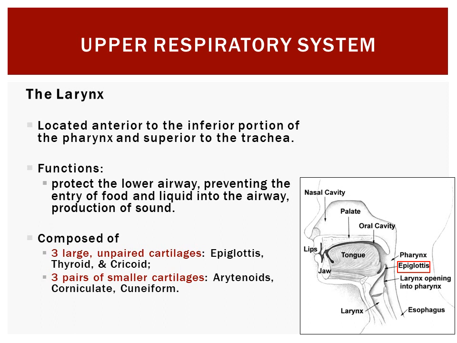So the larynx is composed of several cartilages. They can be divided into three large unpaired cartilages, which are the epiglottis, thyroid, and cricoid. And there are also three pairs of smaller cartilages, which are the arytenoid, corniculate, and cuneiform.